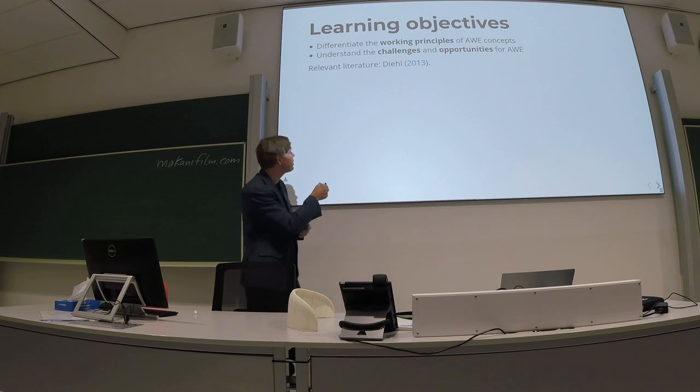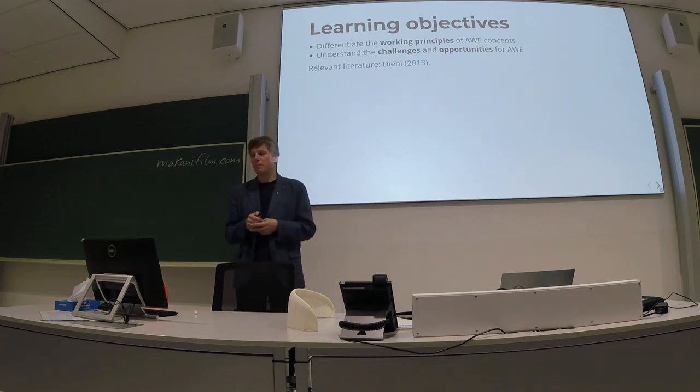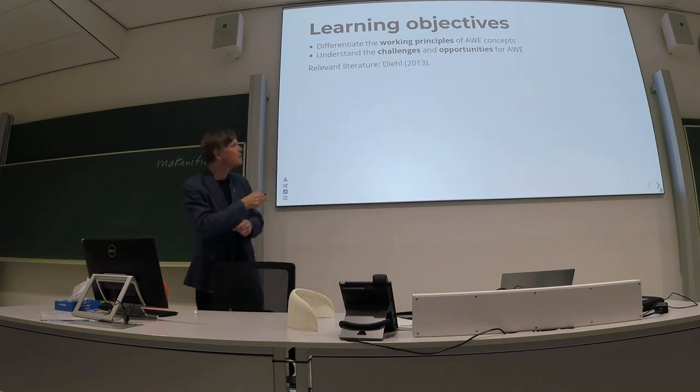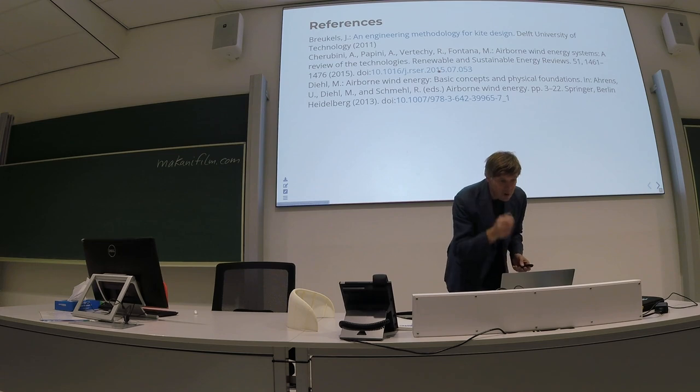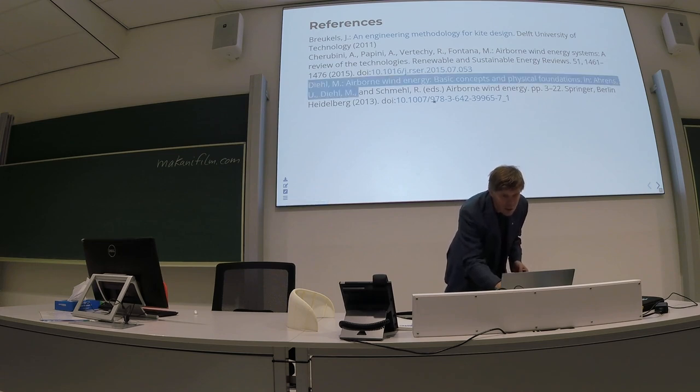I also put here literature. This is a book chapter. If you click here, you get to the list of references in the end, and you see here the book. You can go to this DOI link, click it, and then it brings you to the book chapter.